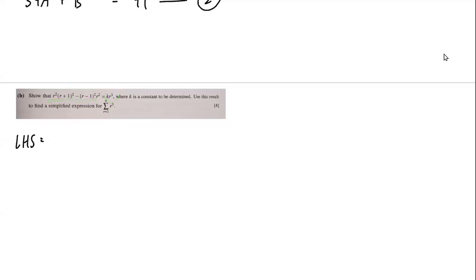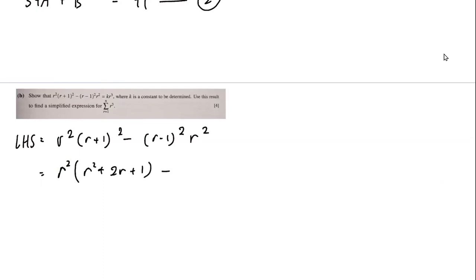So left-hand side first. Let me copy down the left-hand side, and then I will proceed to expand everything. So r squared, you cannot do anything, so leave it alone. But the (r plus 1) bracket squared, you can do something: r squared plus 2r plus 1. Then minus, something times r squared. This something is a binomial square, so again, you can expand: a squared minus 2ab plus b squared, r squared minus 2r plus 1.